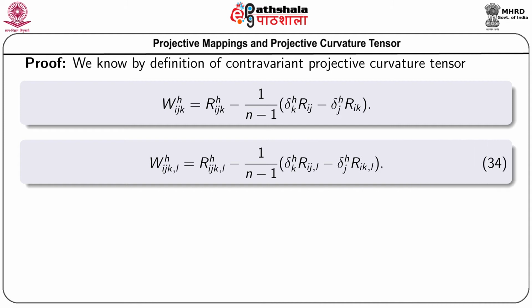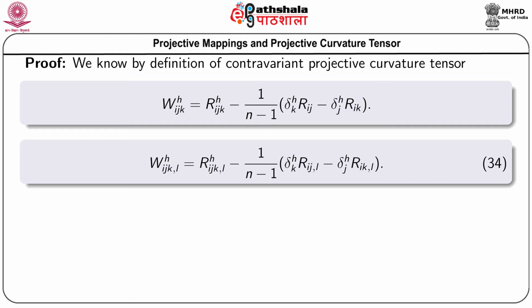Now, taking the covariant differentiation on both sides, we get W^h_ijk,l equals R^h_ijk,l minus 1 by n minus 1 [δ^h_k R_ij,l minus δ^h_j R_ik,l], as the Kronecker delta behaves as a constant for covariant derivative.